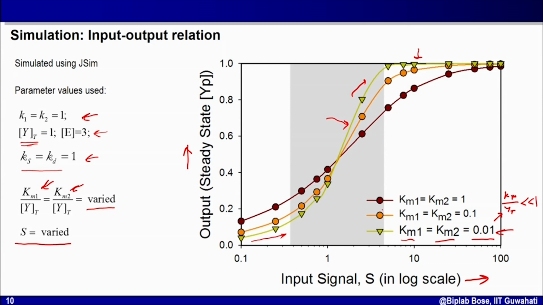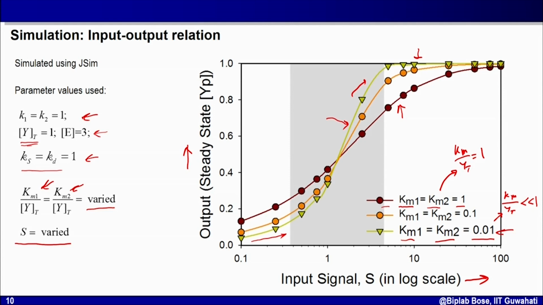Whereas, if you follow this brownish one, where Km1 and Km2 are taken as 1, that means in this case, the Michaelis-Menten constant by Yt is equal to 1 because Yt is 1. So in that case, the data is this brownish line.